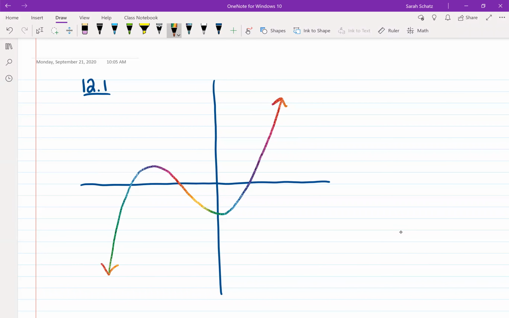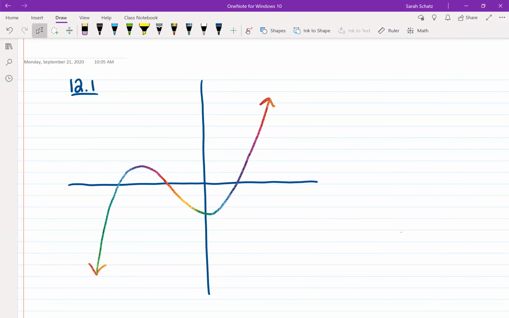And we talked about how the function's changing at different points and what the derivative would be at those different points. I picked multiple points on the graph, but we talked about what the derivative would be at those points. And we couldn't know specifics because this function didn't have a specific equation. But we could talk about whether the derivative was positive or negative.